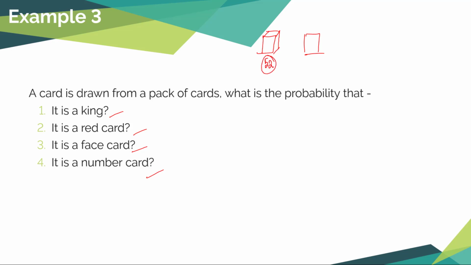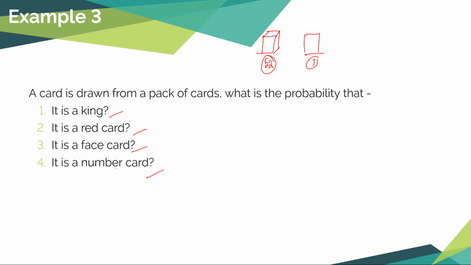In a pack of cards we have 52 cards and we are drawing a single card, right? In case of cards, we normally don't write down the sample space because it is not possible. Rather we directly write down the answer, right?